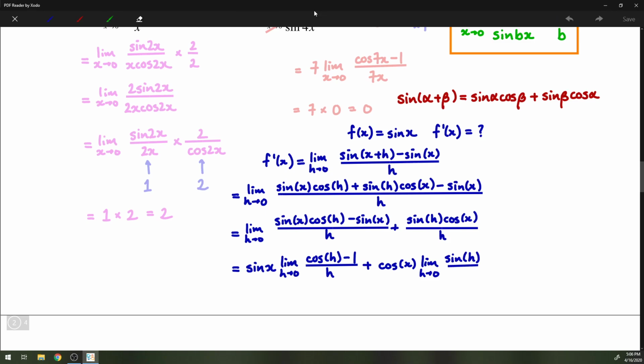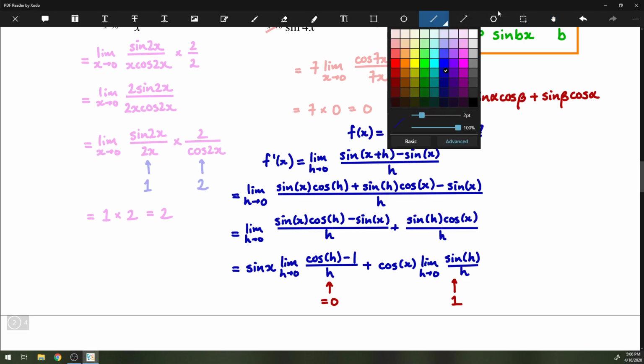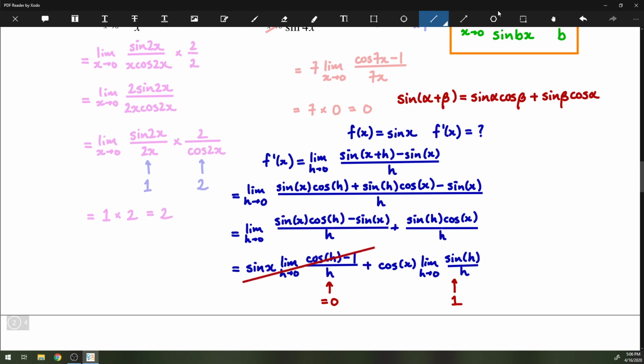So what you notice at this point is that the first limit is equal to 0, and the second limit is equal to 1. So the first term will disappear altogether, so this is all just 0. And the second term will just be cosine x multiplied by 1, which is cosine x. And that is to say that the derivative of the sine function is the cosine function.